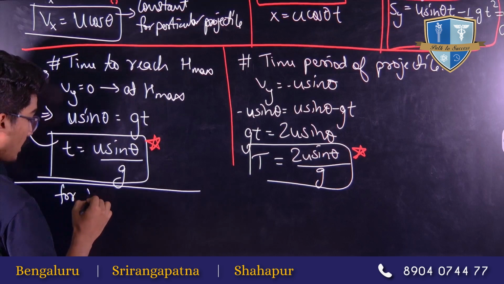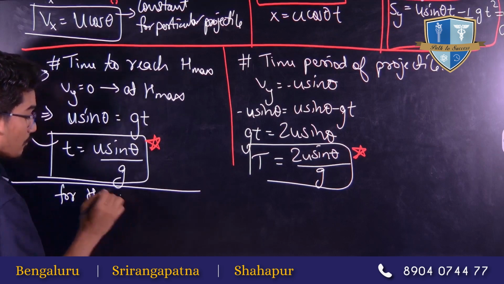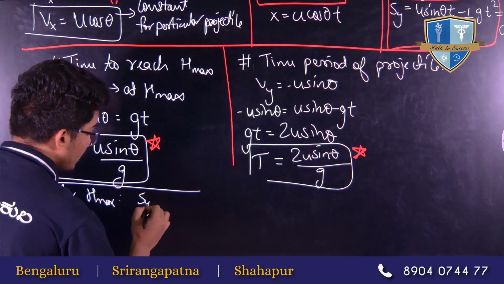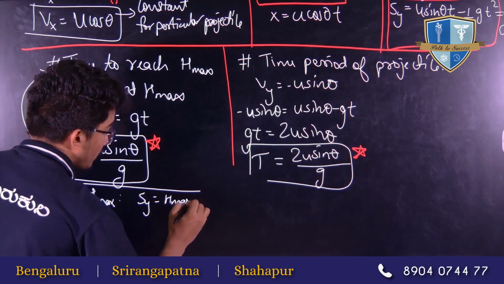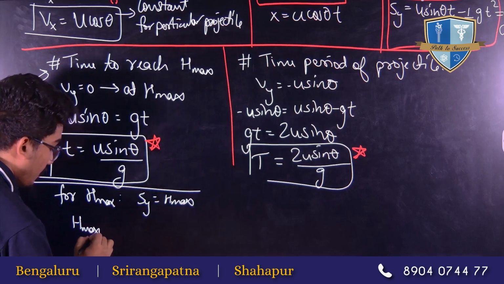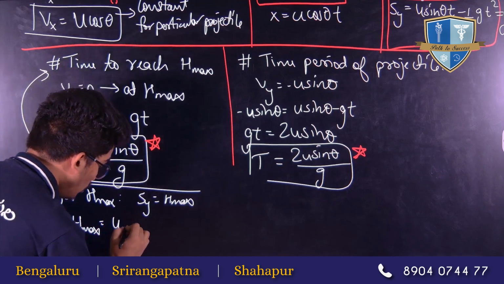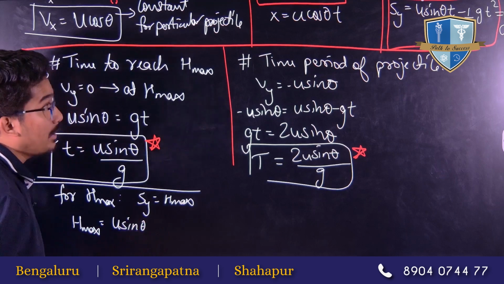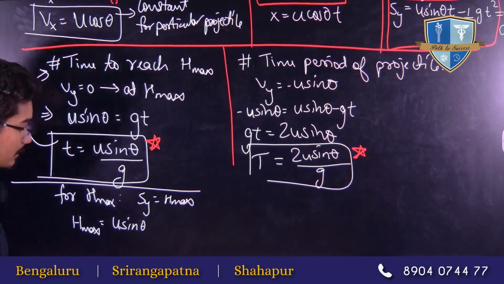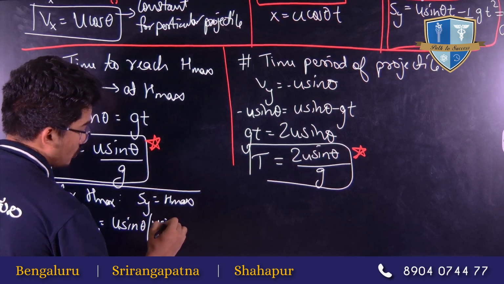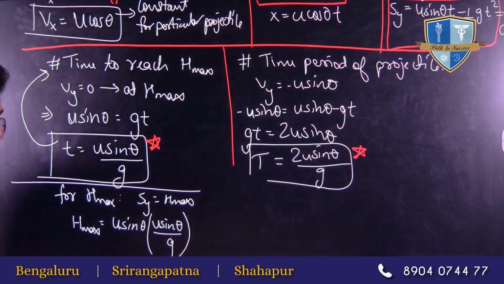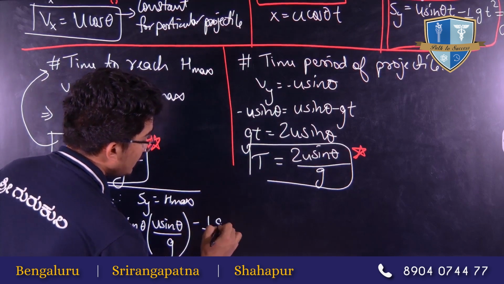So for H max, we use the displacement formula in y direction. Sy is equal to H max, so instead of Sy I am writing H max, is equal to u sin theta into the time taken to reach maximum height, which we already calculated as u sin theta by g, minus half g t square.